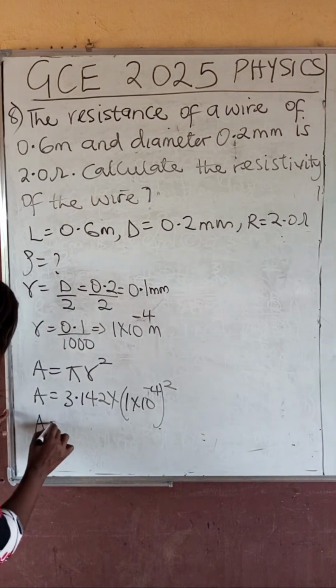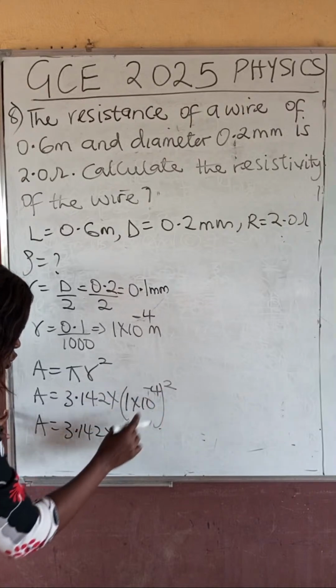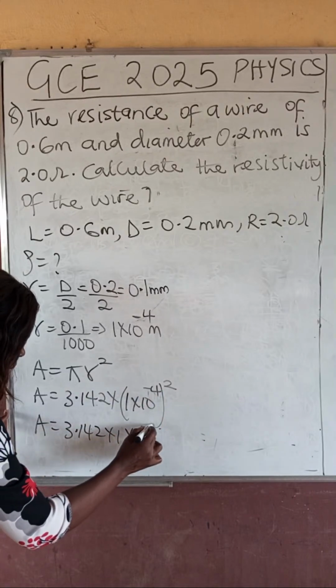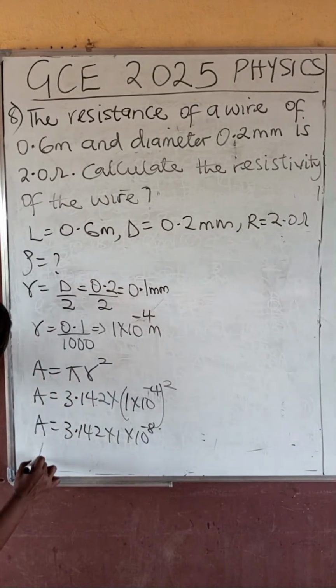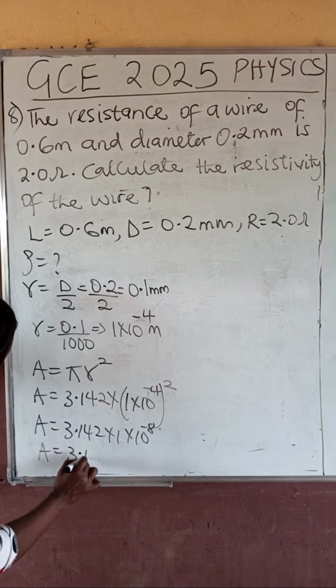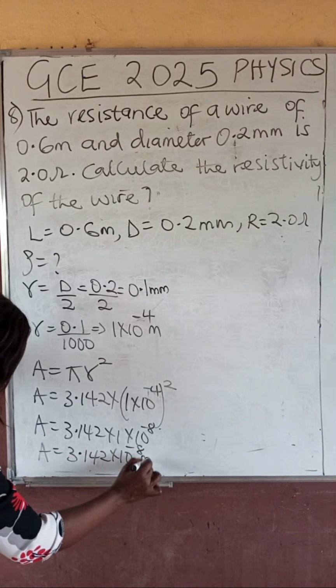If I square, I have 1 times 10 raised to the power minus 8. Multiplying all through, A is equal to 3.142 times 10 raised to the power minus 8 meters squared.